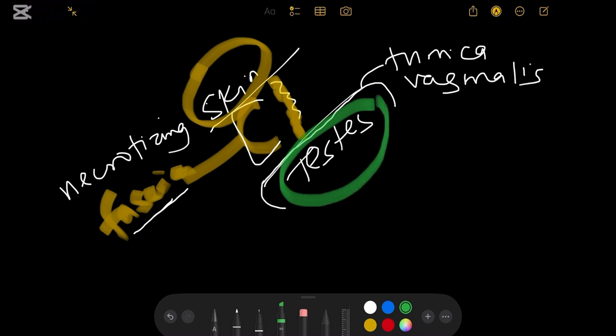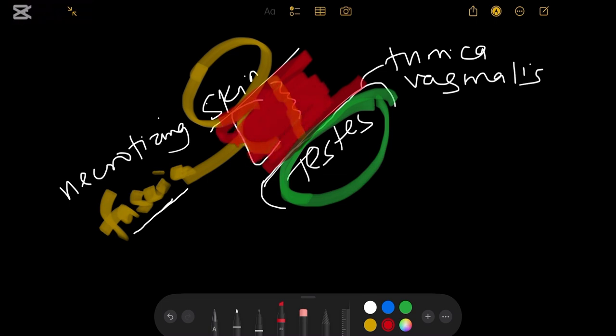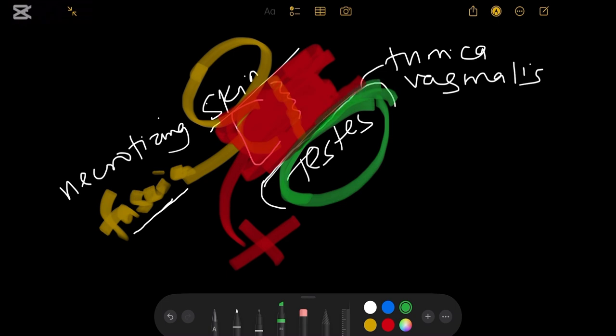The tunica vaginalis is not affected. But then the top of the tunica vaginalis and below the skin is affected. So this whole place, all the connective tissues, all the structures in between here, I'm going to color that red because those are the areas affected. The skin, the testes, and the inner part of the tunica vaginalis is not affected. So please note that, okay?